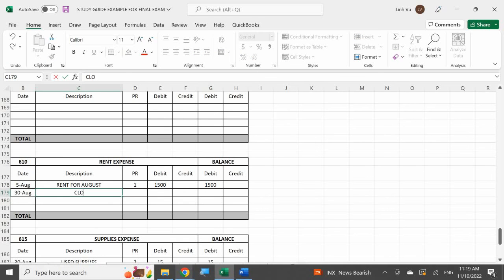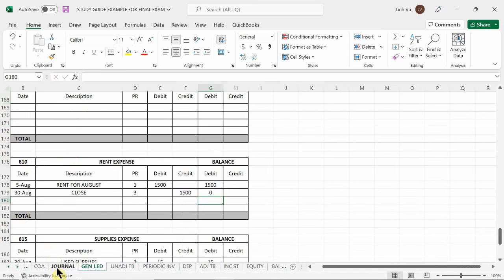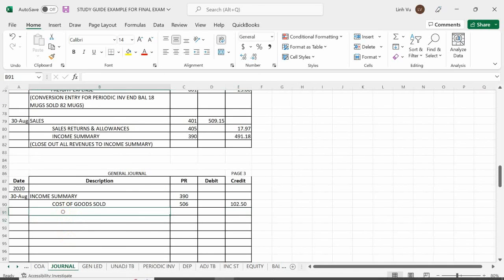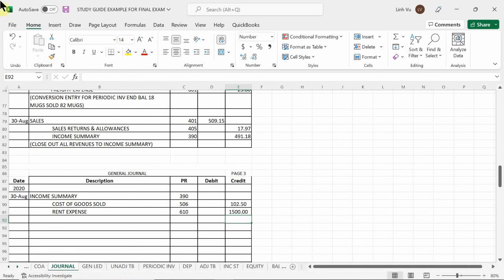We're going to close the rent expense on page 3 of my journal for $1,500, which will give you an account balance of 0. So rent expense, 610, for a $1,500 credit.